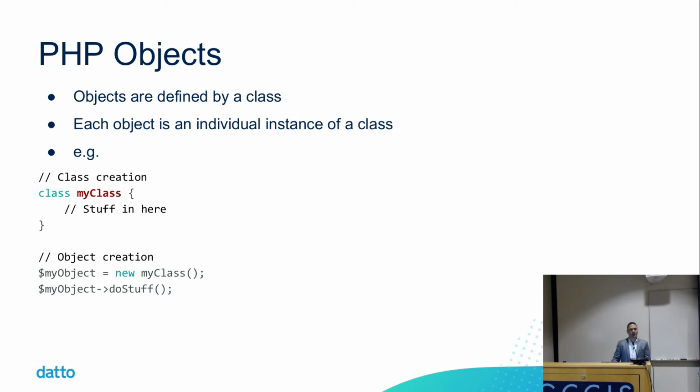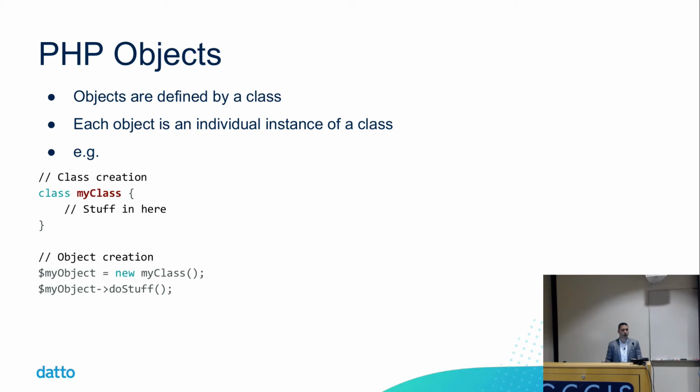So let's talk about what a PHP object essentially is. I'm not sure if everybody deals with PHP or not, so I'm going to briefly go through it. PHP objects are essentially defined by a class. As you see down at the bottom, the class creation is class MyClass. You do a whole bunch of stuff inside there, you have some properties and whatnot, and then you end your class.